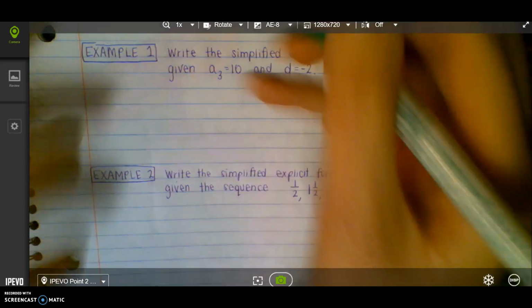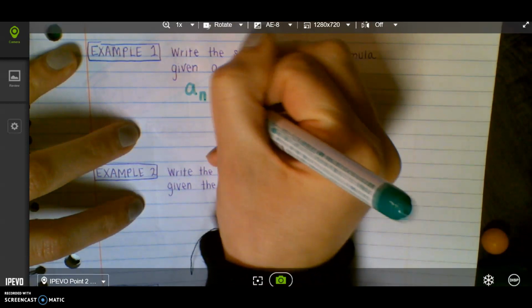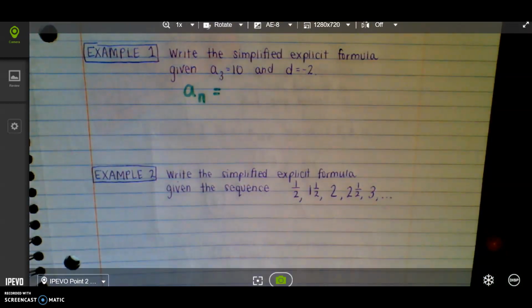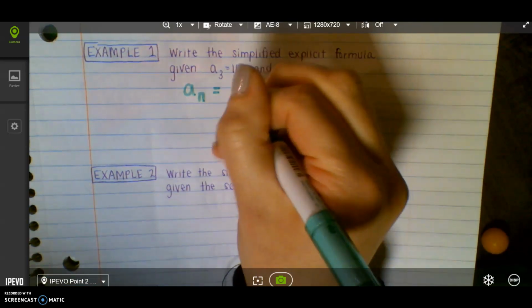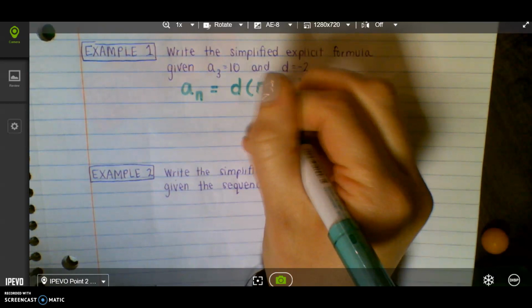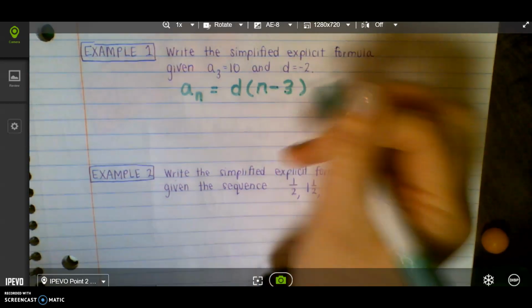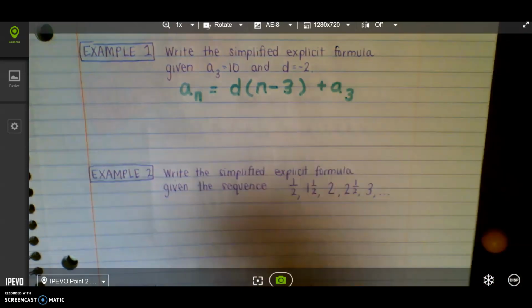So my arithmetic explicit formula starts with a sub n equals the common difference, and they gave me the third term, so I'm shifting to the right 3, and then I'll add the third term.